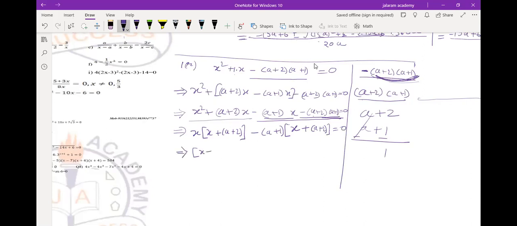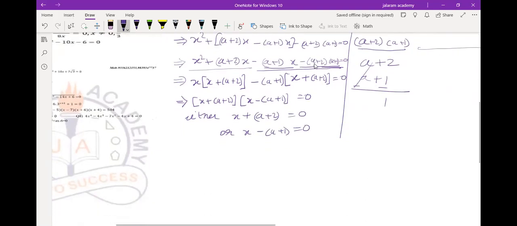So it implies x plus (a+2) is common, into x minus (a+1) equals 0. So either x plus (a+2) equals 0 or x minus (a+1) equals 0. It implies either x equals minus (a+2) or x equals a+1.